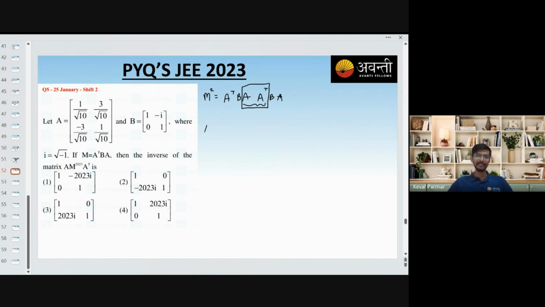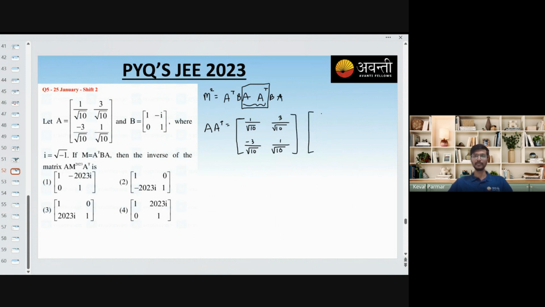So let's see, A into A transpose. It is 1 by root 10, 3 by root 10, minus 3 by root 10 and 1 by root 10, into A transpose.